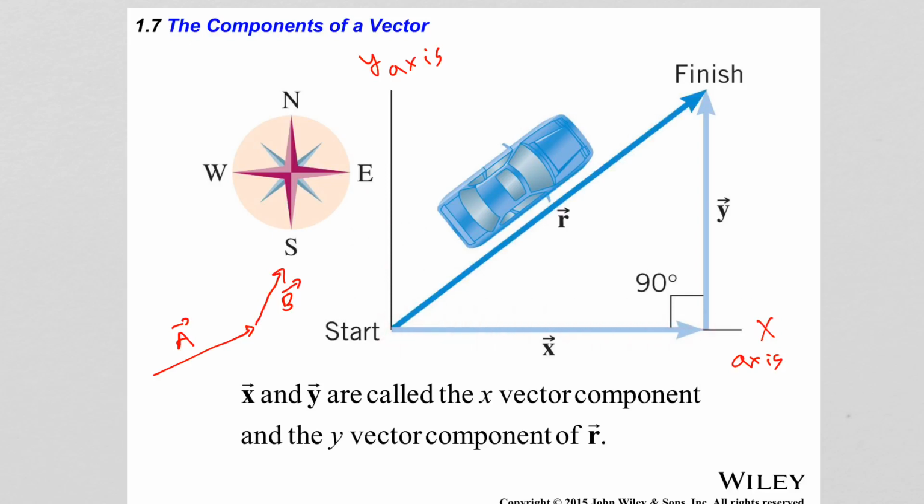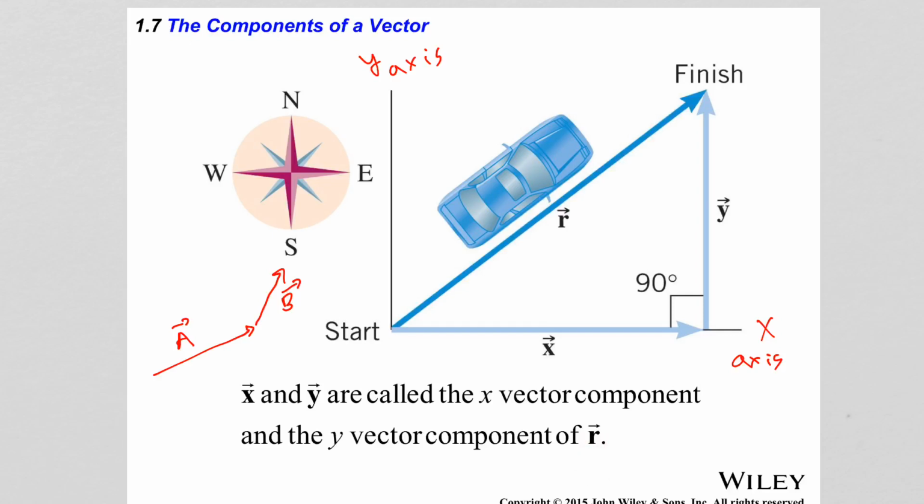And now if I place the origin of this coordinate system at the beginning of the displacement vector r, I can present this vector as the sum of two vectors, one along the x-axis, which I'm going to call vector x, and one along the y-axis, which I'm going to call vector y. Vectors x and y are perpendicular to each other, and they are called the vector components, the x vector component and the y vector component of the vector r.